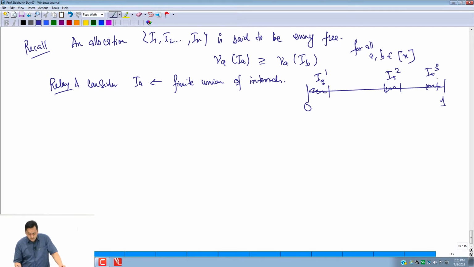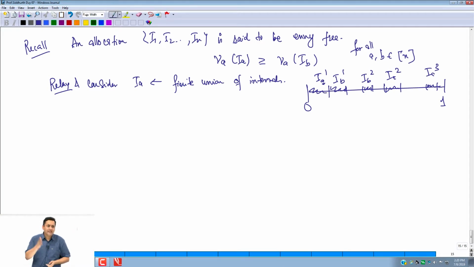Again, the subscript denotes the agent's index, the agent that receives these three. The superscript denotes the index of the piece. So what could happen is that agent A gets this, and then agent B also receives these two pieces. So this is how it is.